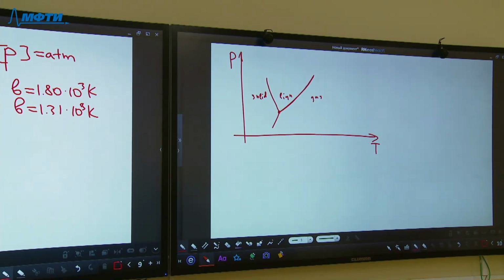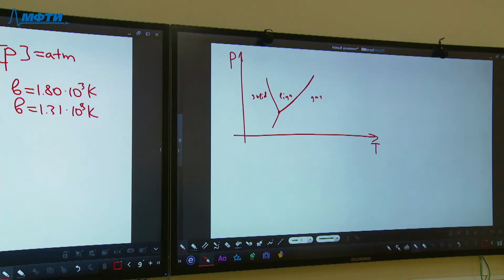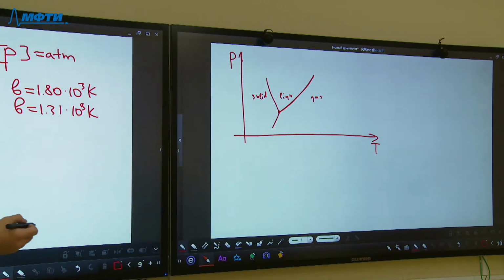And we know about the dependencies for the sublimation: logarithm P equals A, equal to 9, minus something like B over T. That means I have two curves which are described by this equation, logarithm P is A minus B over T. These two curves must intersect somewhere.